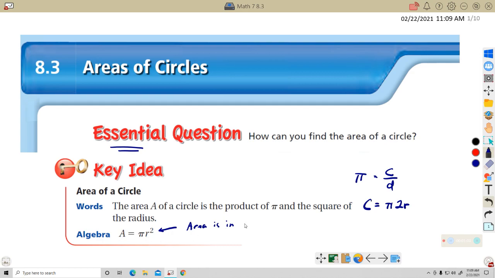So that square is really the thing that sets these two apart, because we're going to multiply radius times radius. That's how we get square units, and that should help remind you which is which. Circumference is 2 pi r. Area is pi r squared.